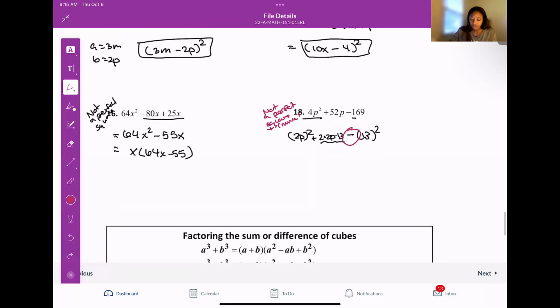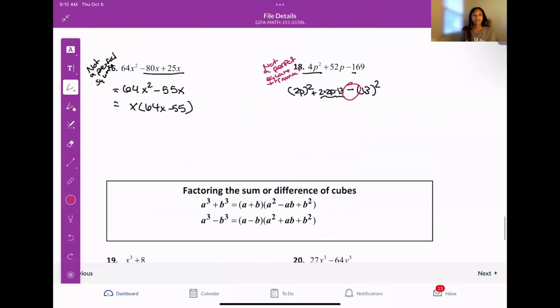All right, last two. This is another one that has a long formula that we'd have to be able to quickly recognize or use. If we have the sum or difference of cubes, we have two rules for cubes, a sum rule and a difference rule. They are similar, but notice the differences in the signs.